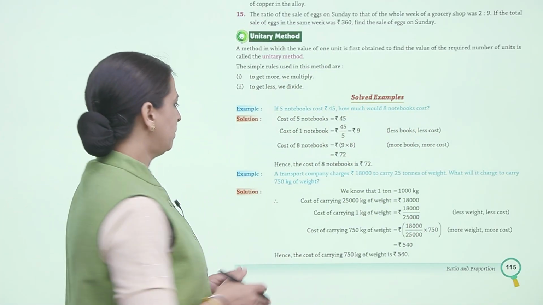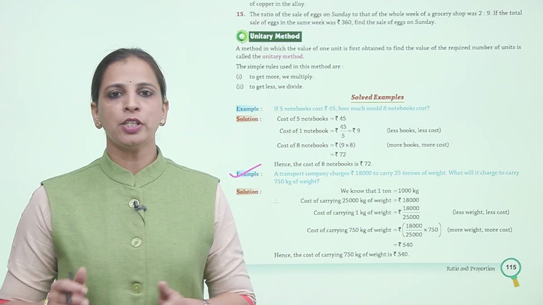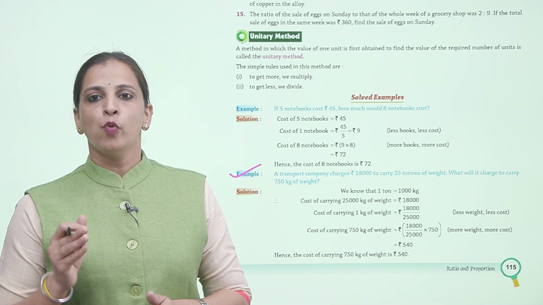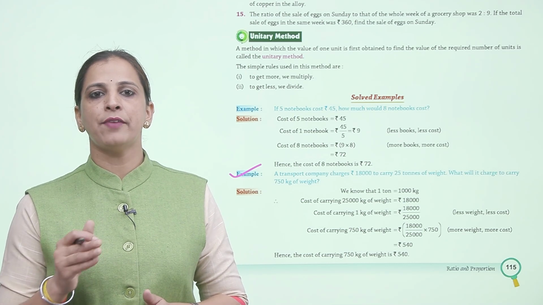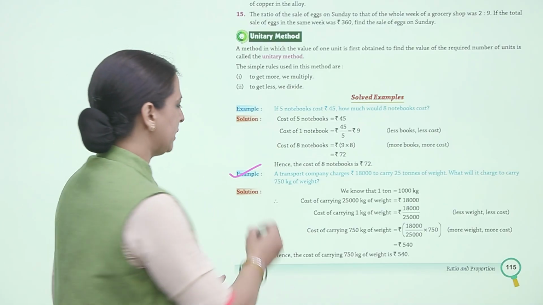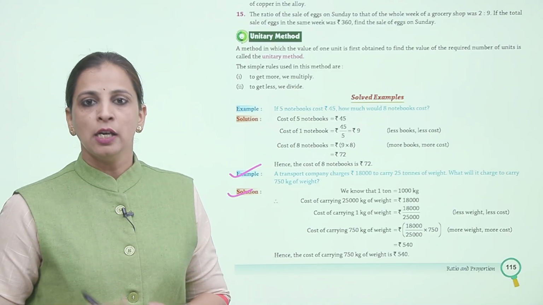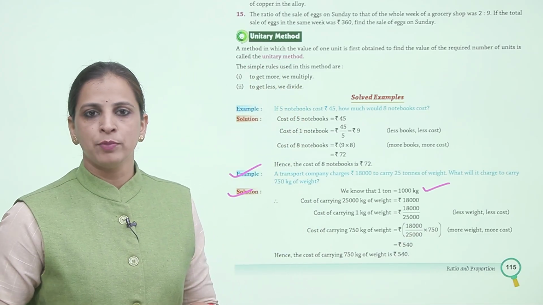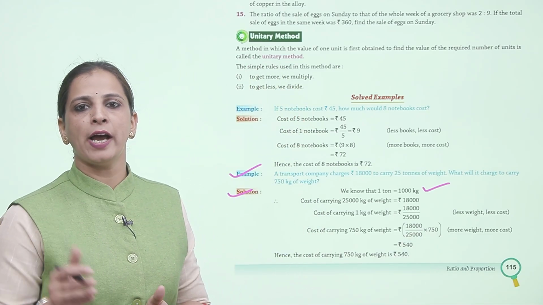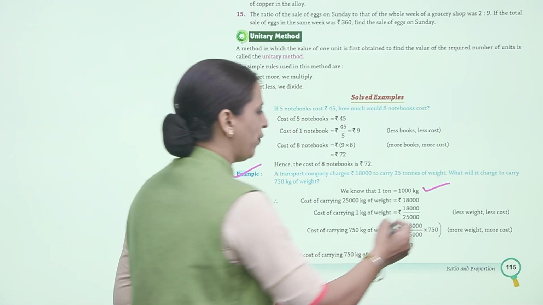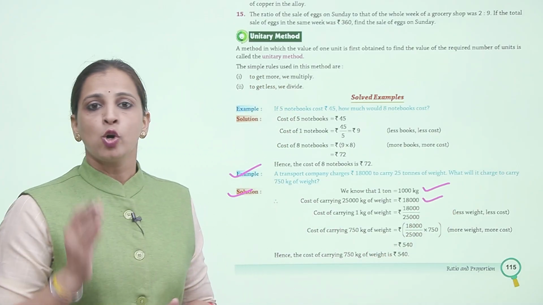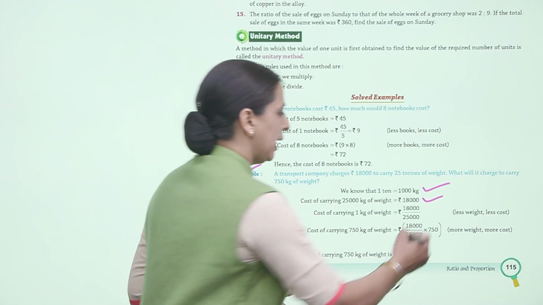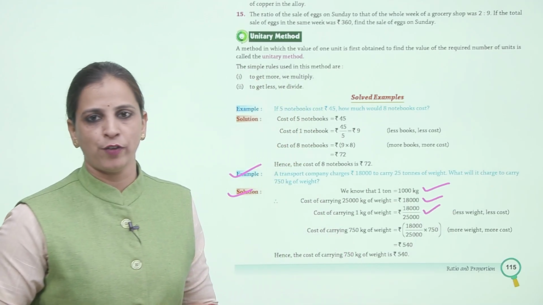Now next example. A transport company charges rupees 18,000 to carry 25 tons of weight. What will it charge to carry 750 kilogram of weight? Solution करते हैं इसका. We know that 1 ton is equals to 1000 kilogram. तो cost of carrying 25,000 kilogram of weight is rupees 18,000. Cost of carrying 1 kilogram weight, less weight, less cost, that is 18,000 divided by 25,000.